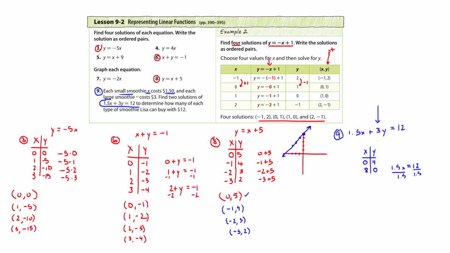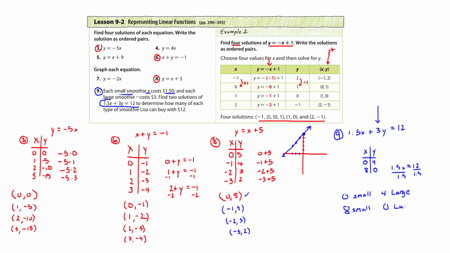So I could have these 2, so she could get 0 smalls and 4 larges. Or she could get 8 smalls and no larges.